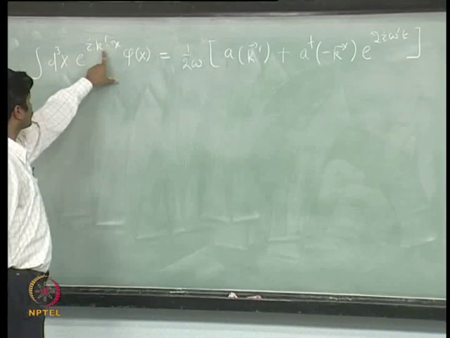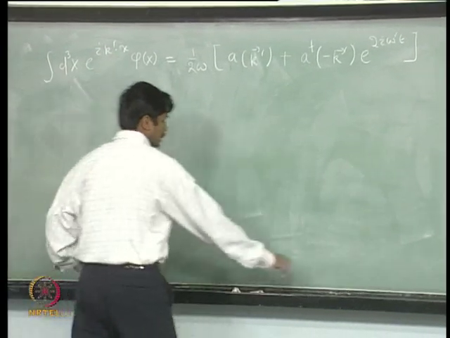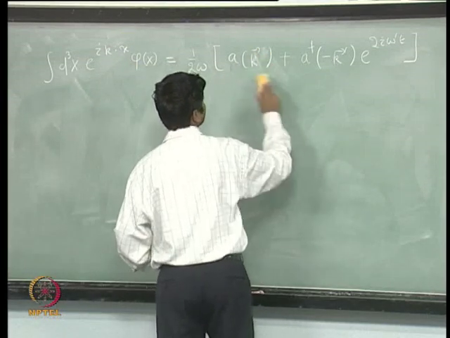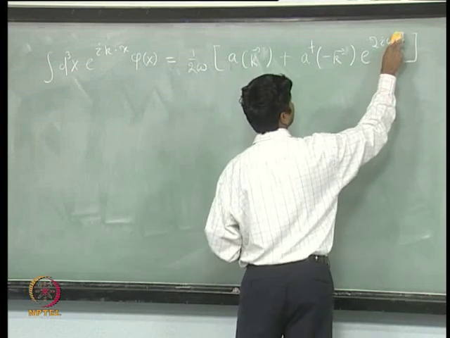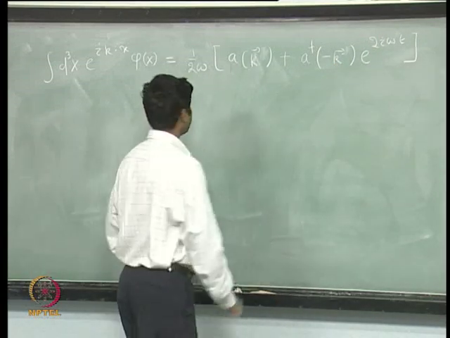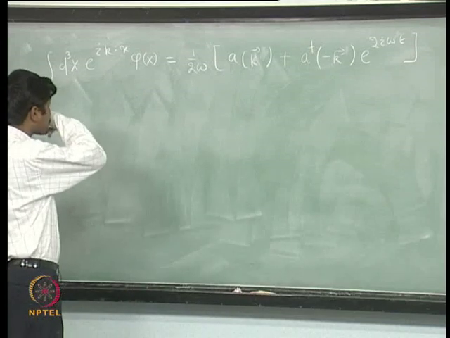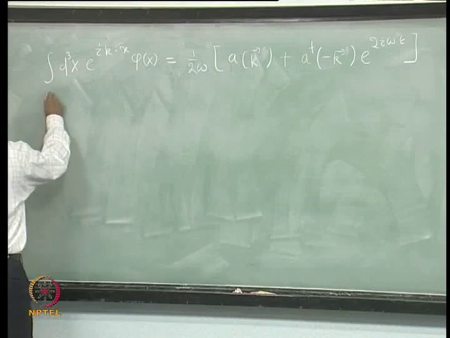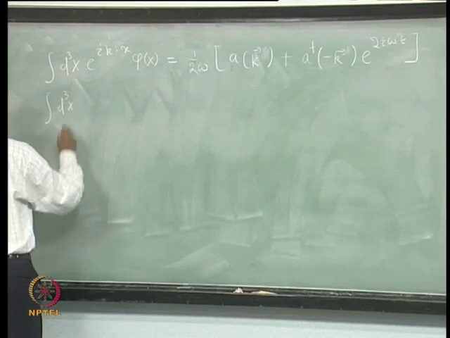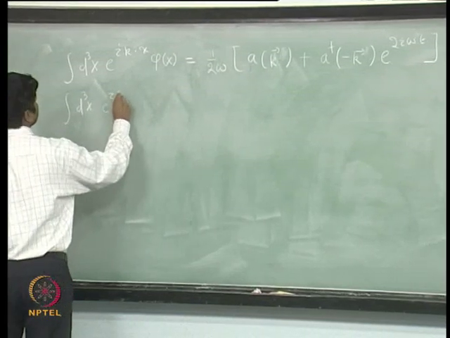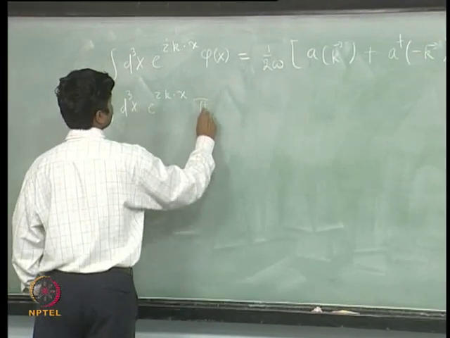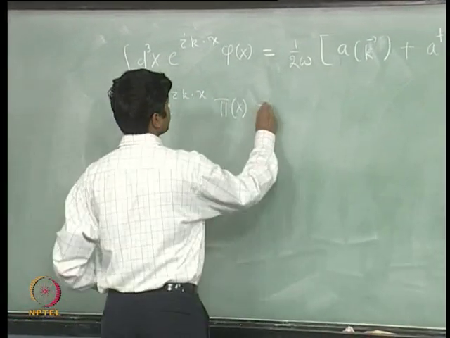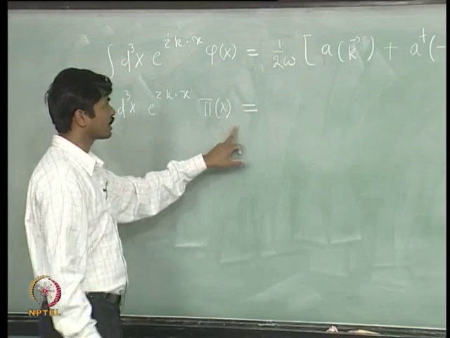Now, there is no reason to keep k prime here. So, what I will do is I will delete the prime here. So, there is no prime in this expression. All right. You can do a similar analysis, and you can consider integration d cube x e to the power i k dot x pi of x here instead of phi, and I will leave it as a homework for you.